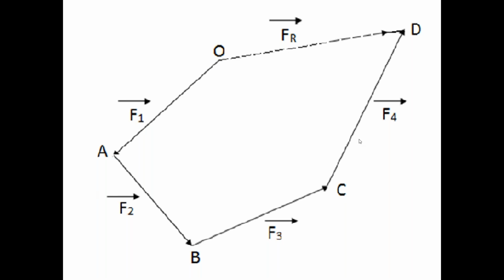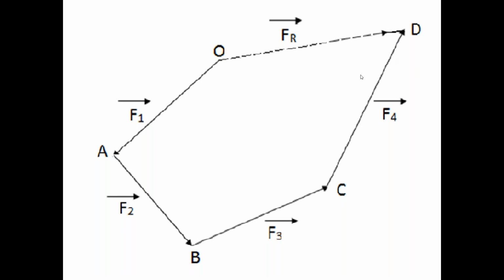To find the resultant force of F1 bar, F2 bar, F3 bar and F4 bar in the polygon law of forces, first we consider F1 bar as one side of the polygon OA, F2 bar as the second side AB, F3 bar as the third side BC, F4 bar as the fourth side CD.